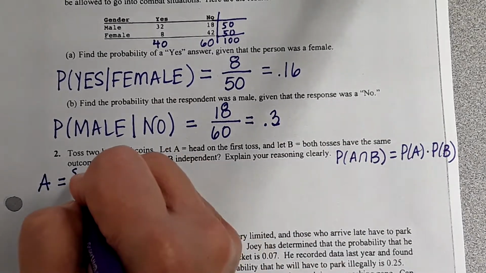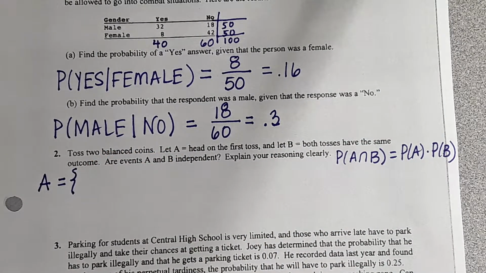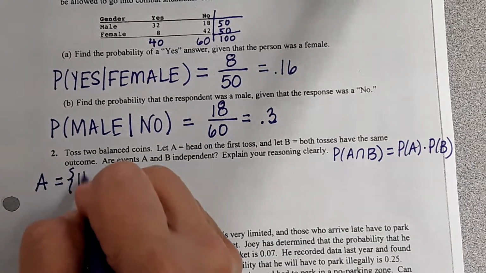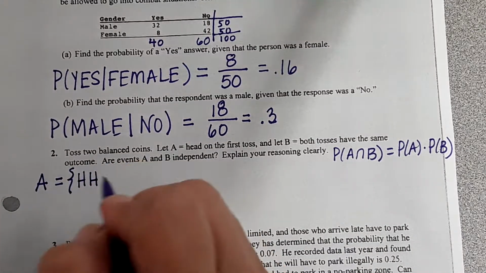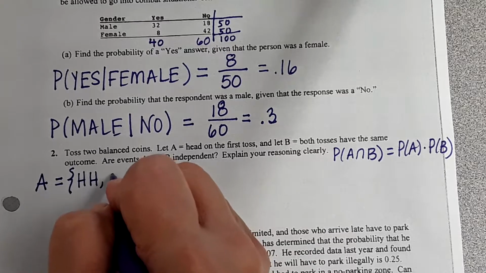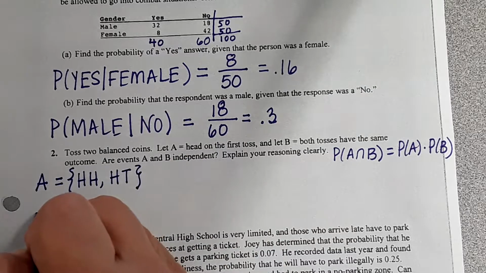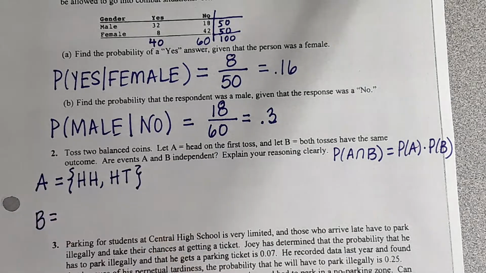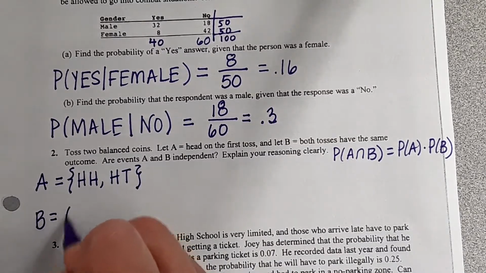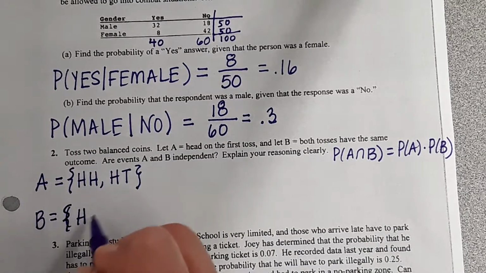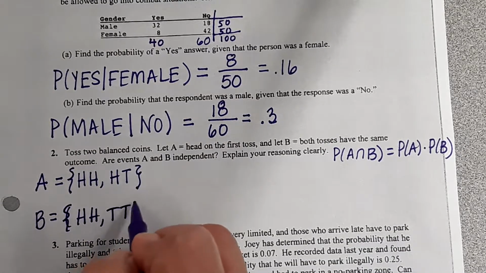So you either get head, head, right? Or you would get head, tails. What is the sample space of event B? We'll talk about probability in a second. Head, head, tails, tails.